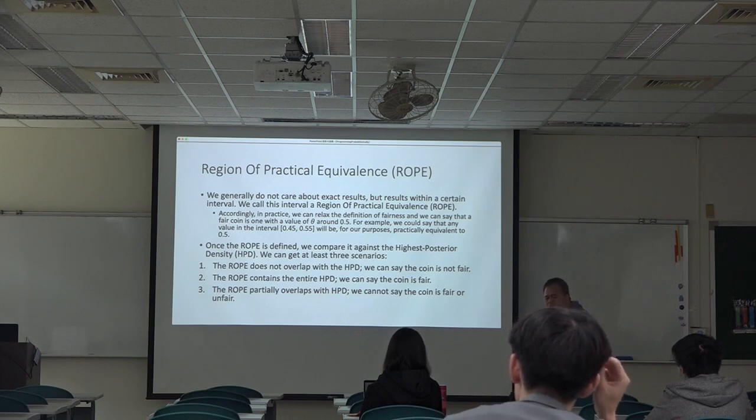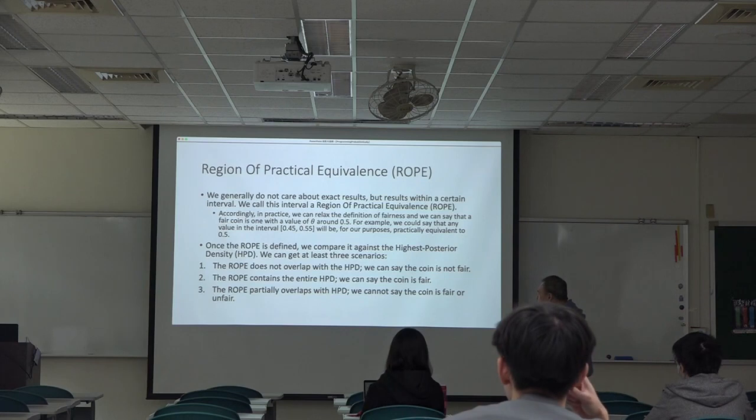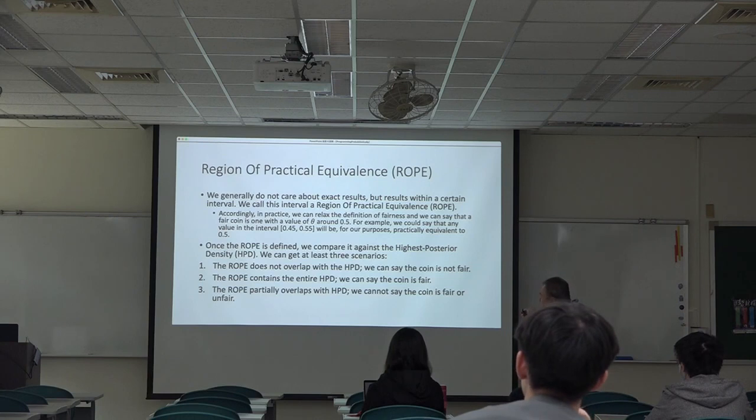Those coins may already be considered fair enough. So we could say that if theta is within the interval 0.45 to 0.55, then the coin is considered fair. In this scenario, the ROPE that we are talking about is this interval.